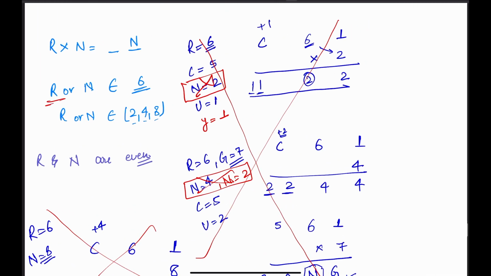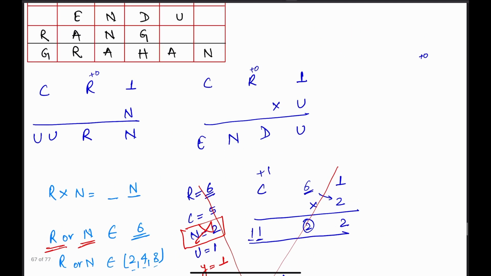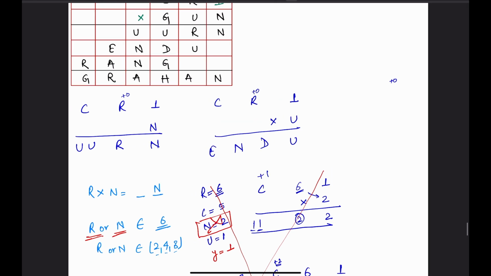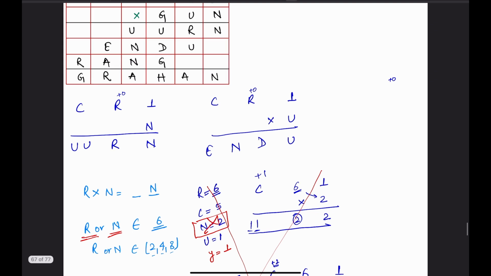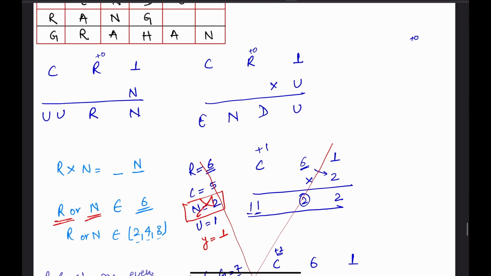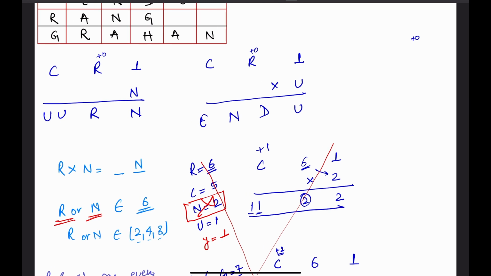So from these two, it's not my r which will be 6. It will be my n which will be 6. The reason being that here I want my r to be replicated.